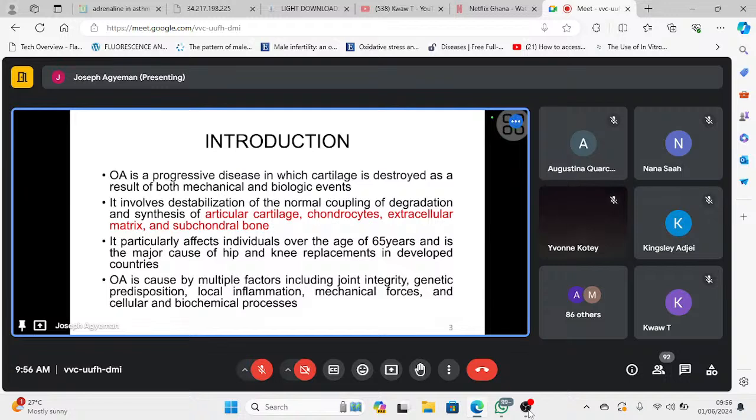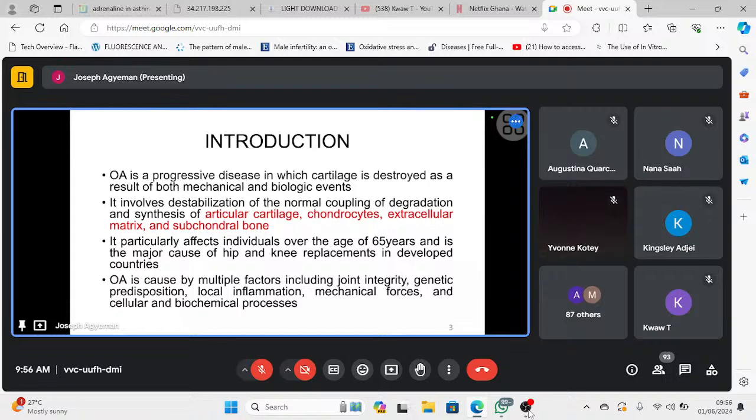So it is said that osteoarthritis is a progressive disease in which cartilage, the membrane or the structure that covers the surface of the bone, is destroyed. And this could be due to either mechanical or biological inputs. We will look at the etiologies, where some of them will be mechanical, others will be biological.